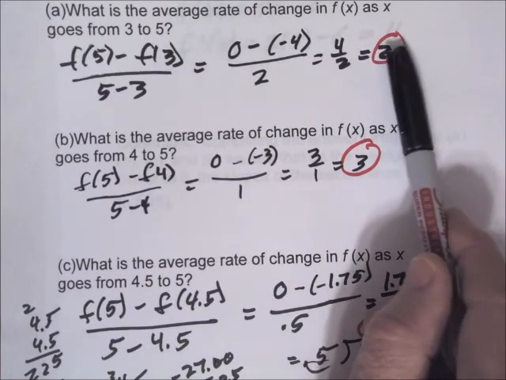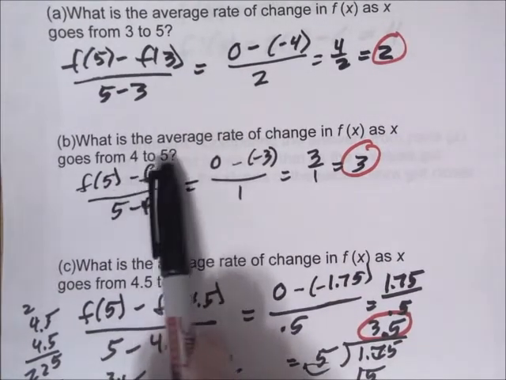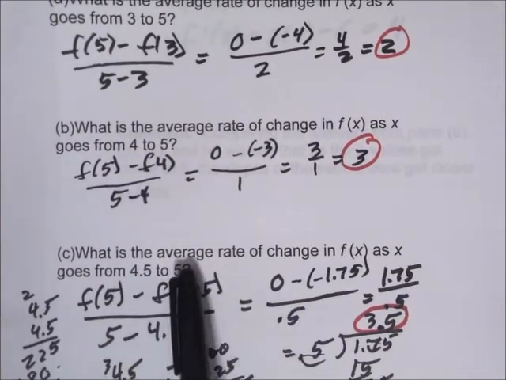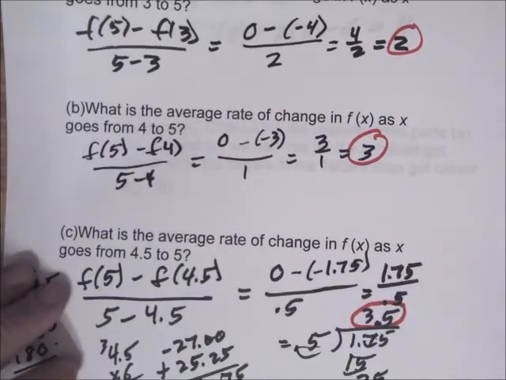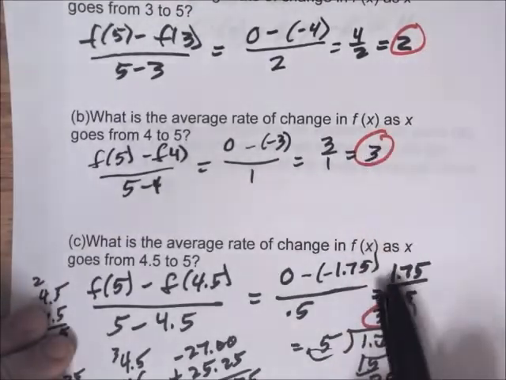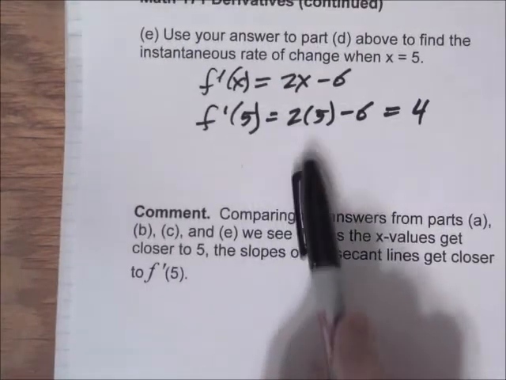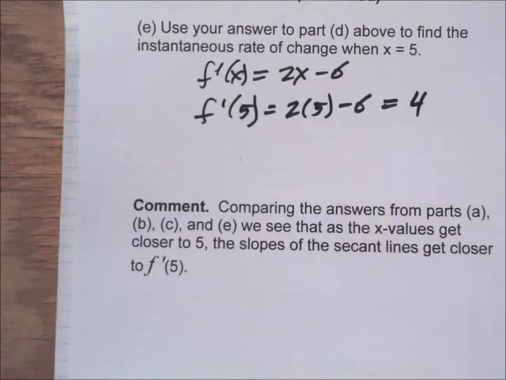The average slope there was 2. The average slope from 4 to 5 is 3. Average slope from 4.5 to 5 is 3.5. And so they're getting closer and closer to the instantaneous rate of change, which we've now computed to be 4. And that concludes this presentation.